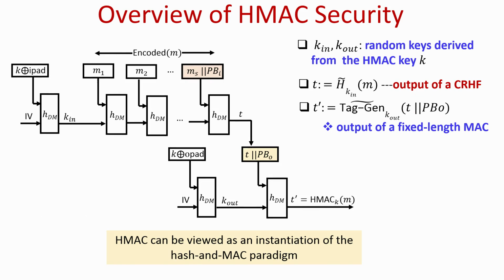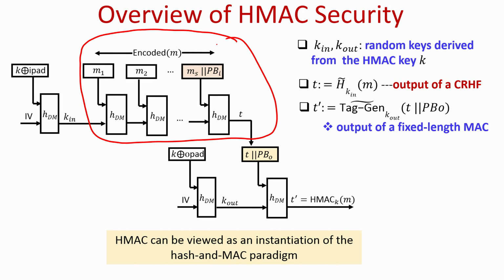So, overall, even though everything involves instantiation of the Davis-Meyer construction, this HMAC can be considered as an instantiation of your hash and MAC paradigm. The first part, the inner part, is doing keyed hashing of the message as per the Merkle-Damgard transformation, where the key is computationally indistinguishable from random because it is derived from one invocation of the Davis-Meyer function, which in the ideal cipher model we can prove to be equivalent to a pseudo random generator.